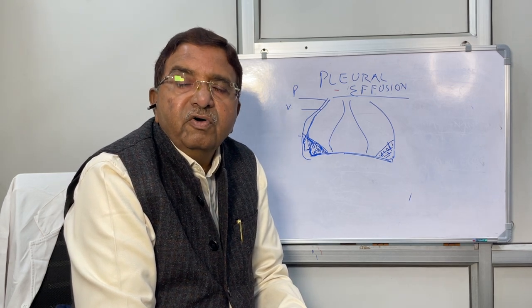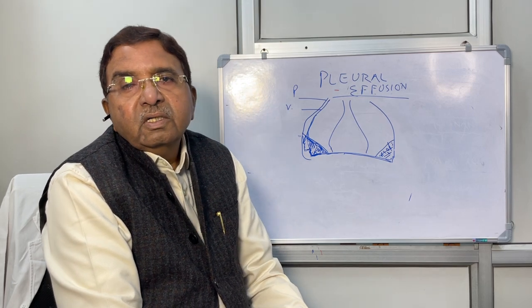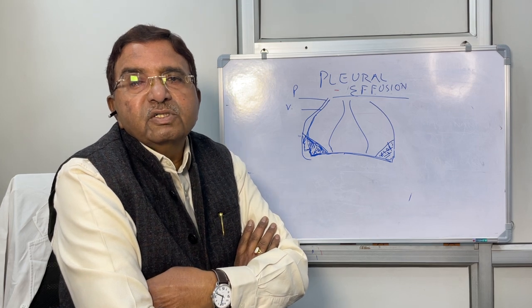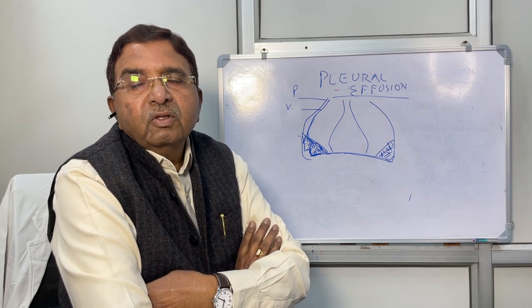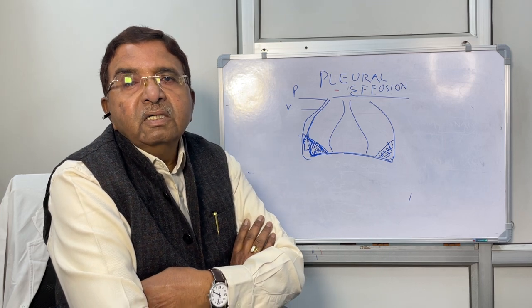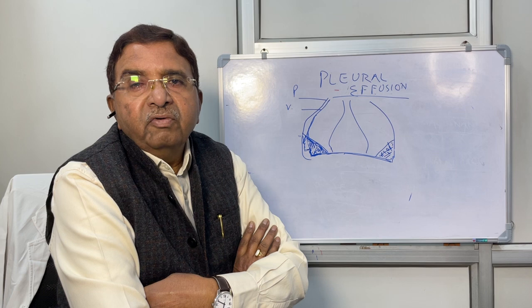Prognosis is good for certain conditions like nephrotic syndrome, hypoproteinemia, etc. Whereas for patients of congestive heart failure who develop pleural effusion that is bilateral, it means that the condition is already in an advanced stage.